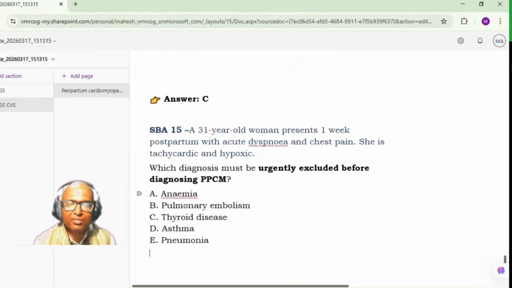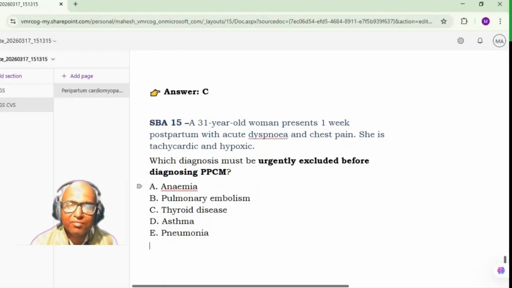Last question, doctor. A 31-year-old woman presents 1 week postpartum with acute dyspnea and chest pain. She is tachycardic and hypoxic. Which diagnosis must be urgently excluded before diagnosing PPCM? So it is B, pulmonary embolism. Yes. That is why I have given the table of differentials.